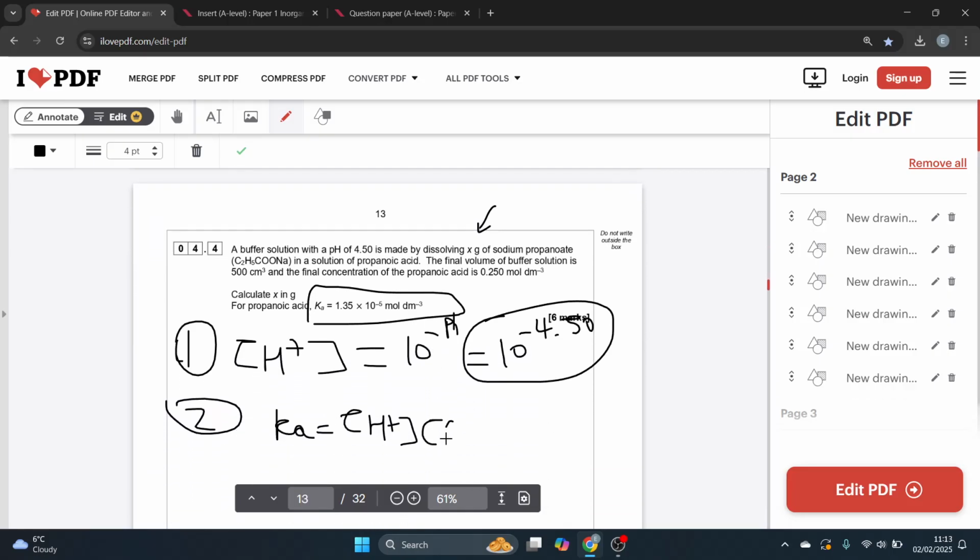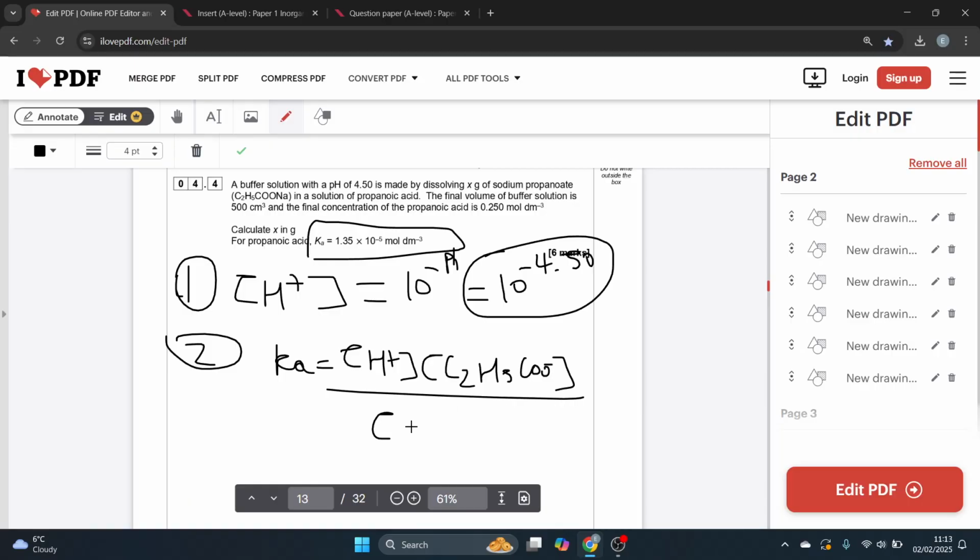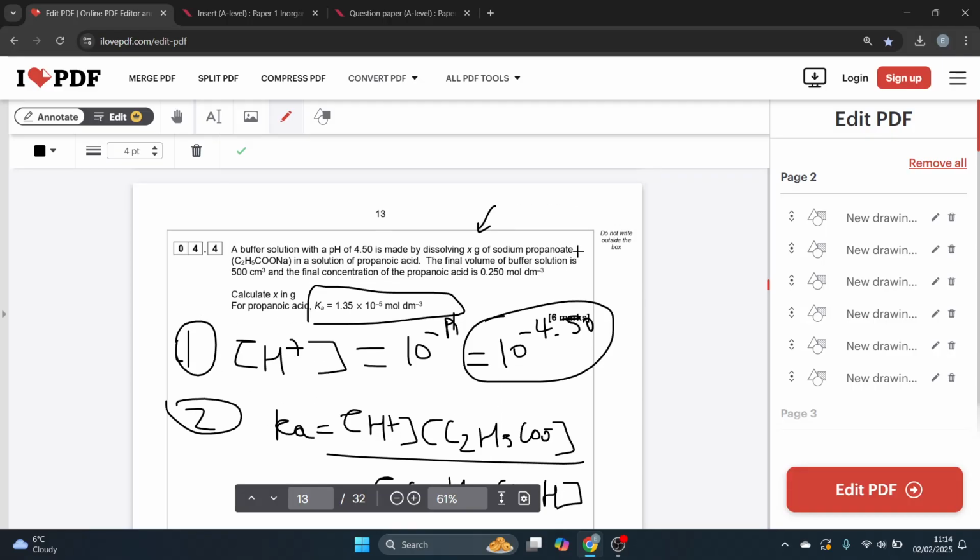So H plus, C2H5COO minus, divided by C2H5COOH. Okay, so I need to find the concentration of sodium propanoate, because once I've got that, I can find the moles, and then I can find the mass.